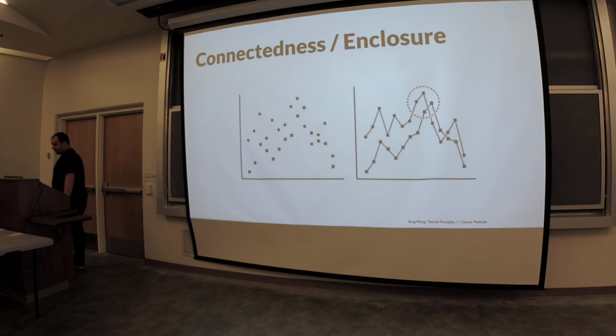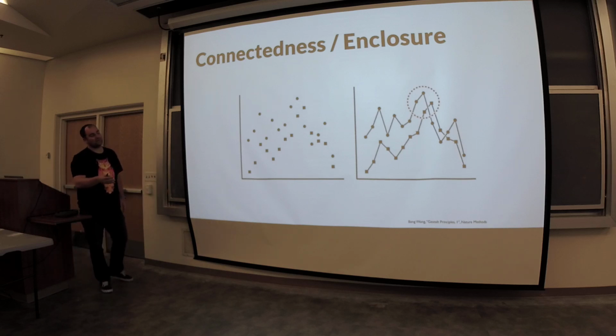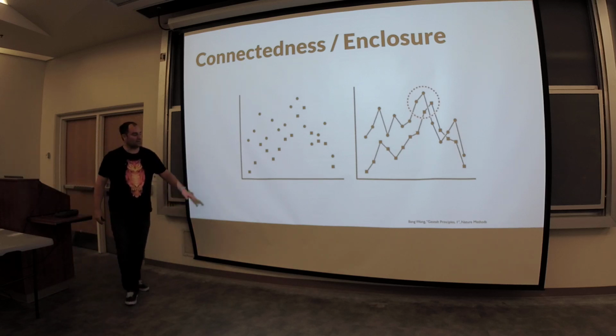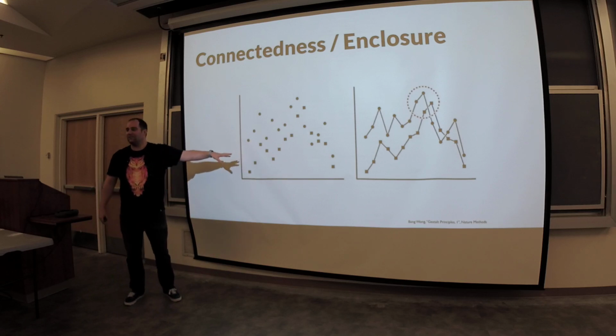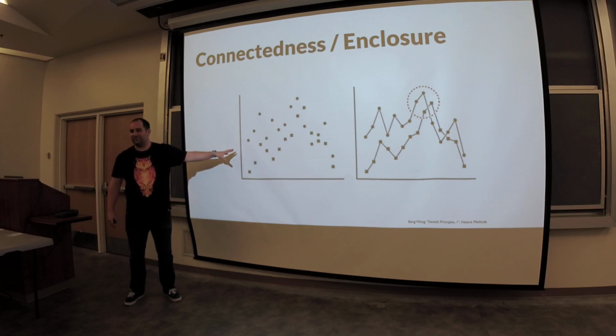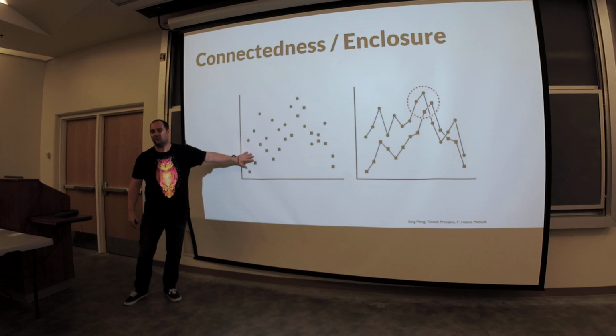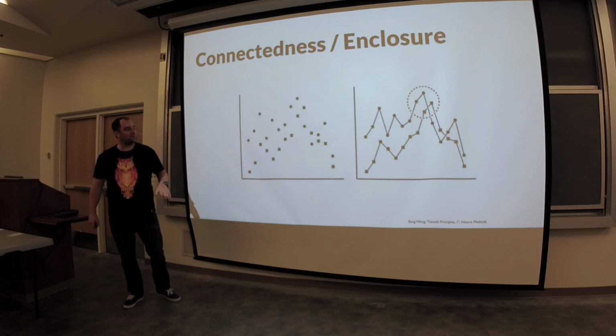So here's an example of first a scatter plot, and then using connectedness to highlight. Actually, it's pretty hard to see this as two different time series if I just have those rectangles and circles here. But if I do connect them with a line, as in a line chart, it's very easy for us to spot, right?